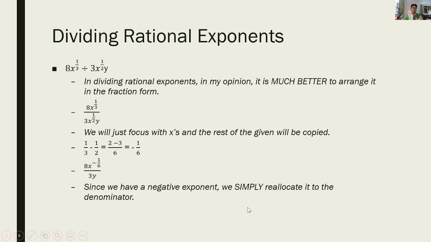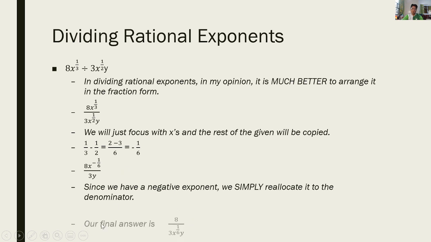Kagaya po nung previous discussion natin, if the one containing negative exponent is in the numerator, we simply move it to the denominator to make it positive. In like manner, if the given with a negative exponent is placed in the denominator, all we have to do now is to put it in the numerator, and the exponent will be positive.